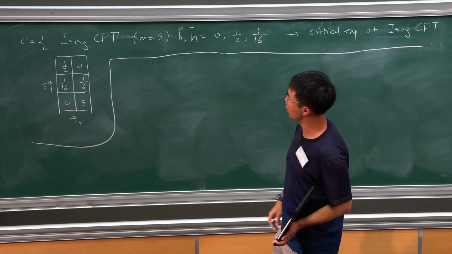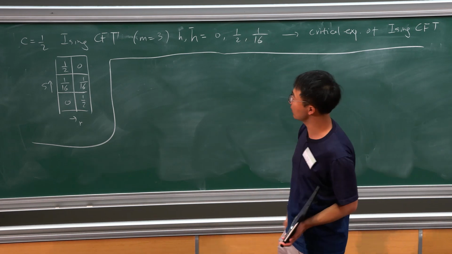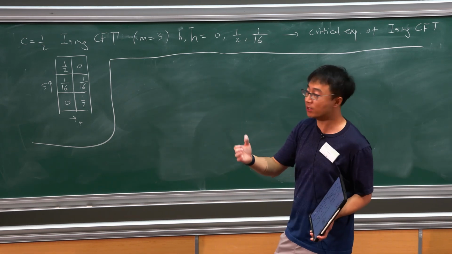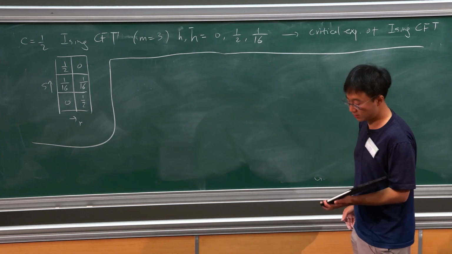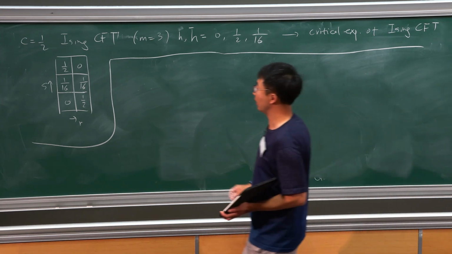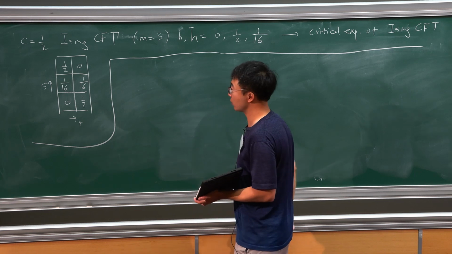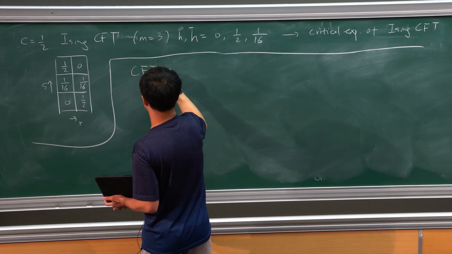So to address these 2 things, first of all, the potential correlation between h and h bar, namely the weights on the left and right side, as well as degeneracies for given h and h bar, we have to study additional constraints on the CFT coming from the basic principles of locality. And one way to fix that is to study the locality constraint coming from studying CFT on the torus.